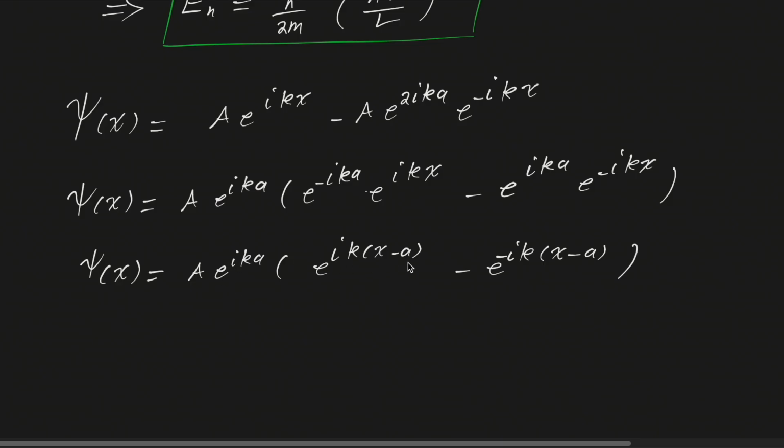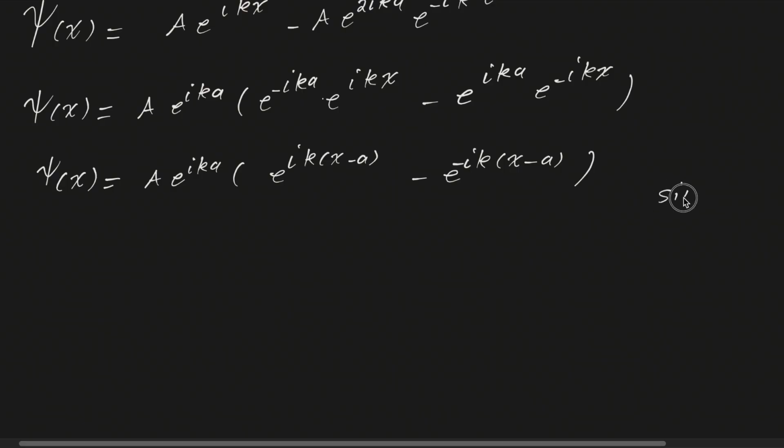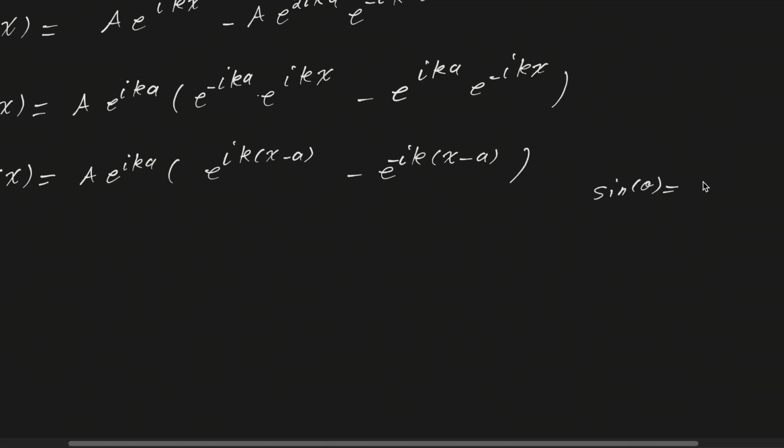And now this is very close to a sine. If you remember that sine of theta equals exponential i theta minus exponential minus i theta, divided by 2i, this closely resembles that, but not quite. We still are missing the 2i, which is simple.